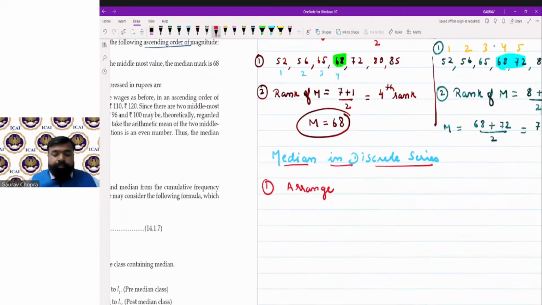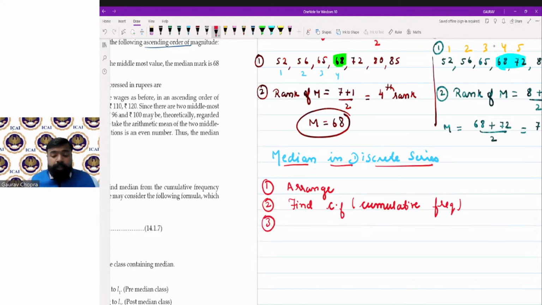You have to arrange the series. The second step will be, after arrangement, find CF. What is CF? It is known as cumulative frequency.